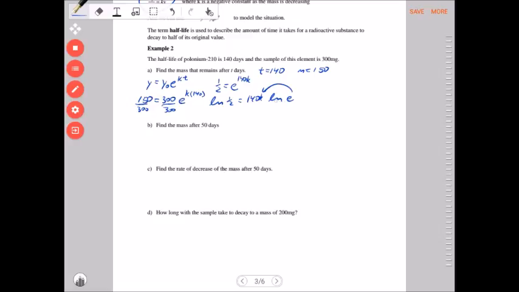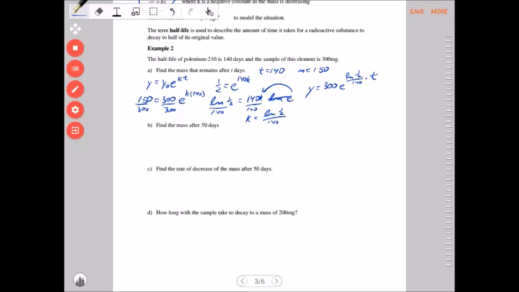And then ln e is just 1, so that part completely cancels. So we end up dividing by 140, and k equals ln 1/2 over 140. So then our formula becomes y equals 300 e to the ln 1/2 over 140 times t.